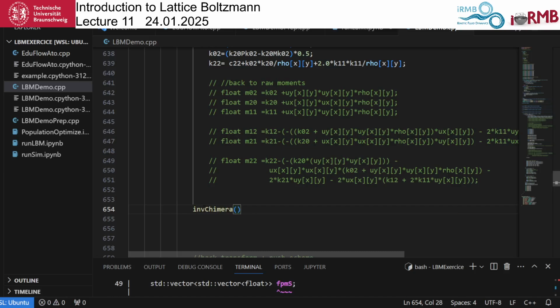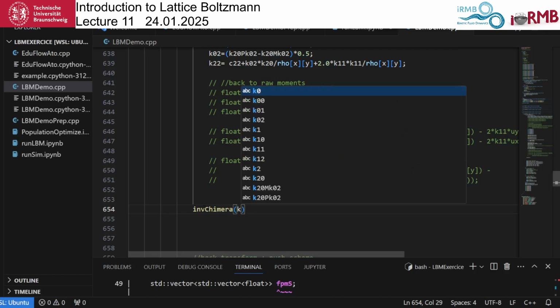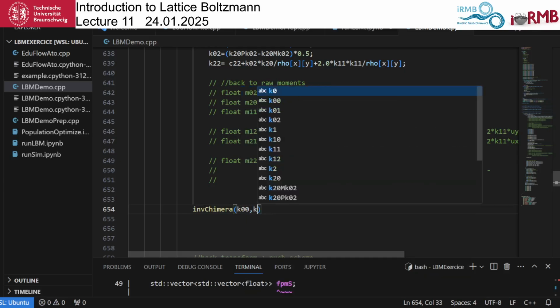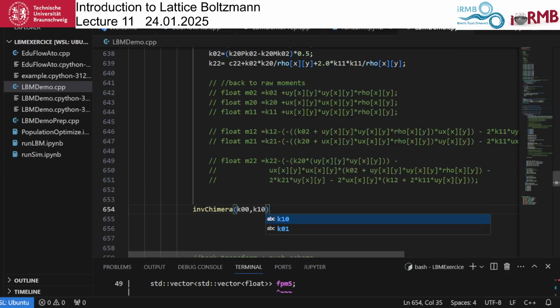Now the same as above, right? K00, K10, K20, and the thing is U, X, and Y. Just everything the other way around.